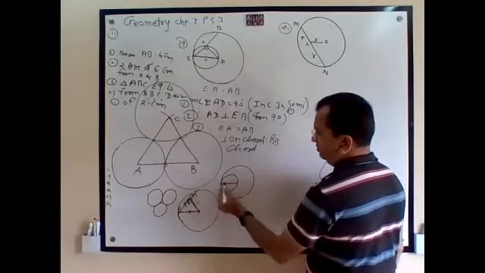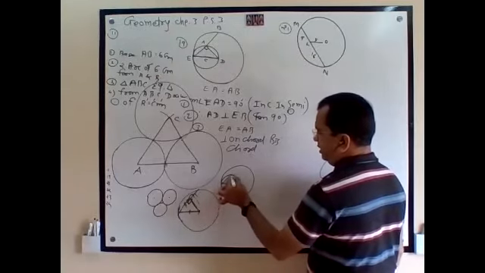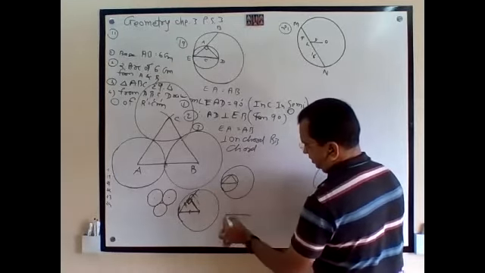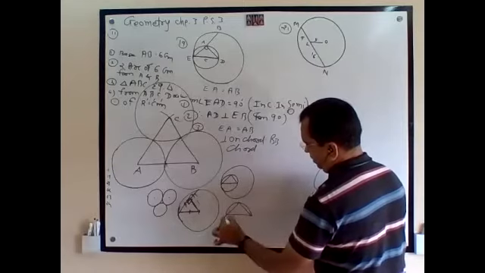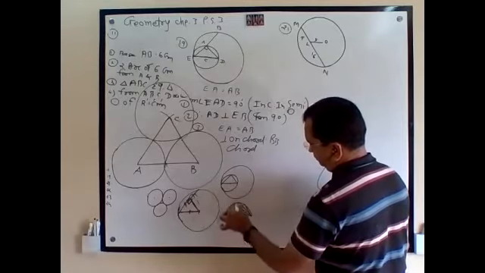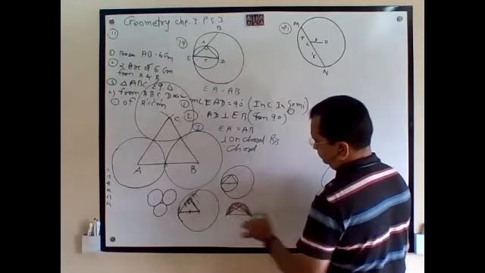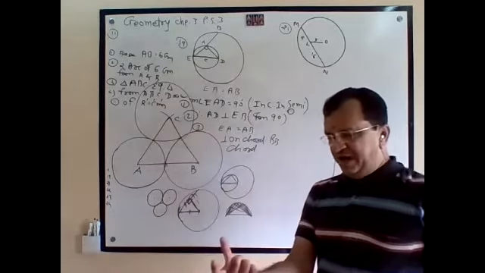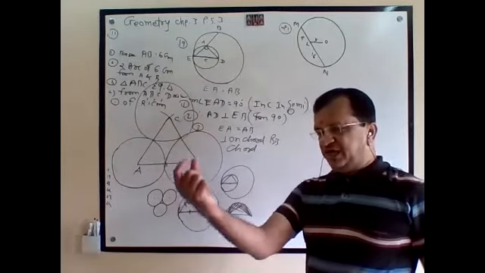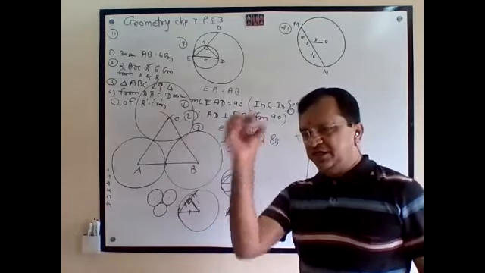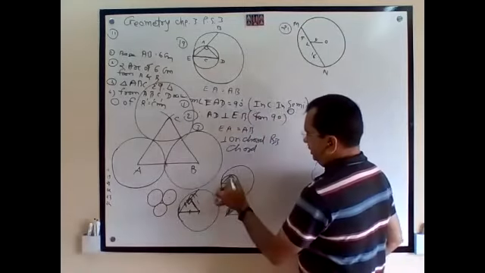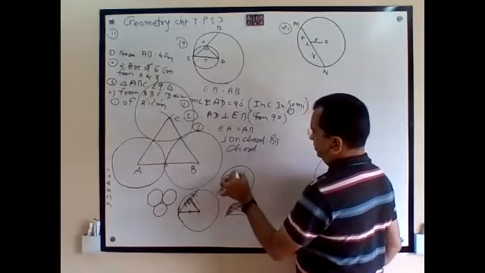Now this is a half circle because this is a diameter. If a diameter endpoint connects with any point on a circle, it is 90. So this is 90 and it is extended.